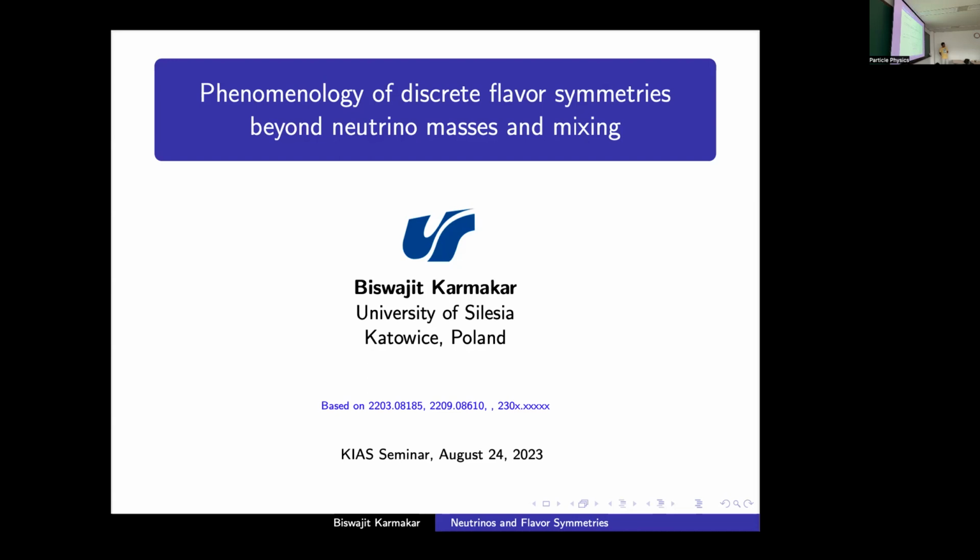If the lightest neutrino mass is 0, then again will you get this PMNS matrix or not? Your lightest mass can be 0, because you need at least two non-zero masses, and in that case you also get this matrix.